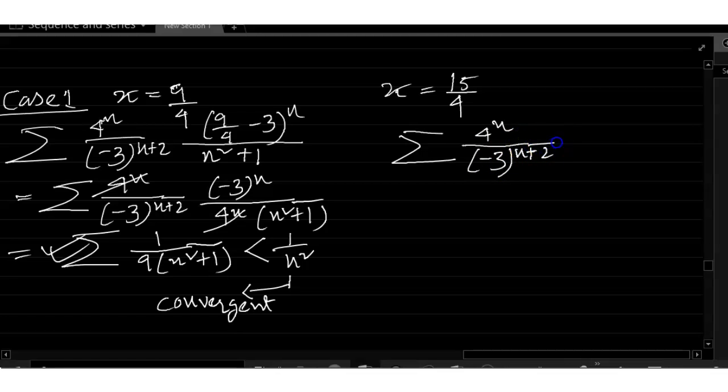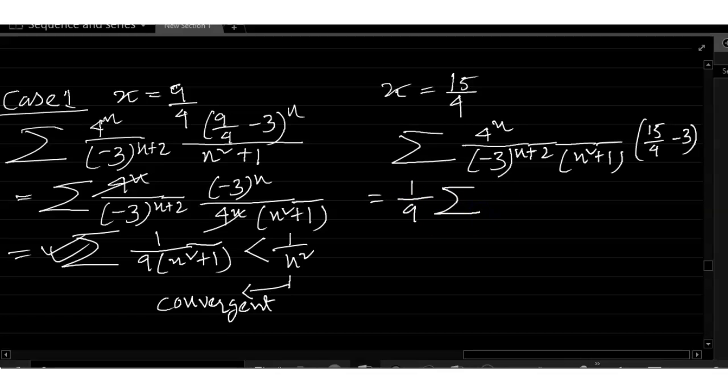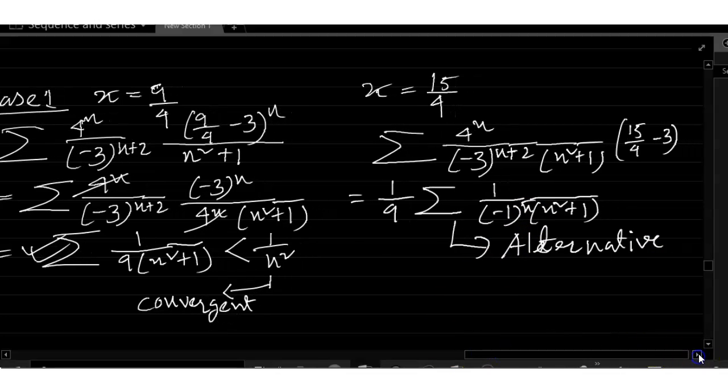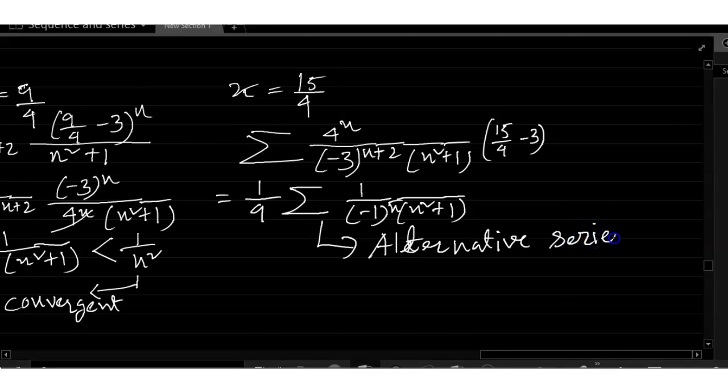Now x equals 15 by 4. The series is (minus 3) to the power n plus 2 into n square plus 1 into (15 by 4 minus 3), which equals 1 by 9 summation 1 by (minus 1) to the power n into n square plus 1. This is an alternating series.